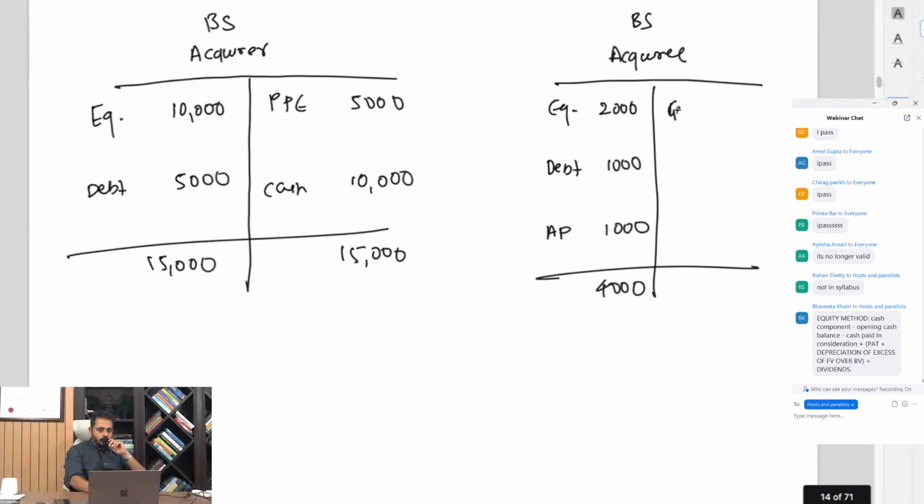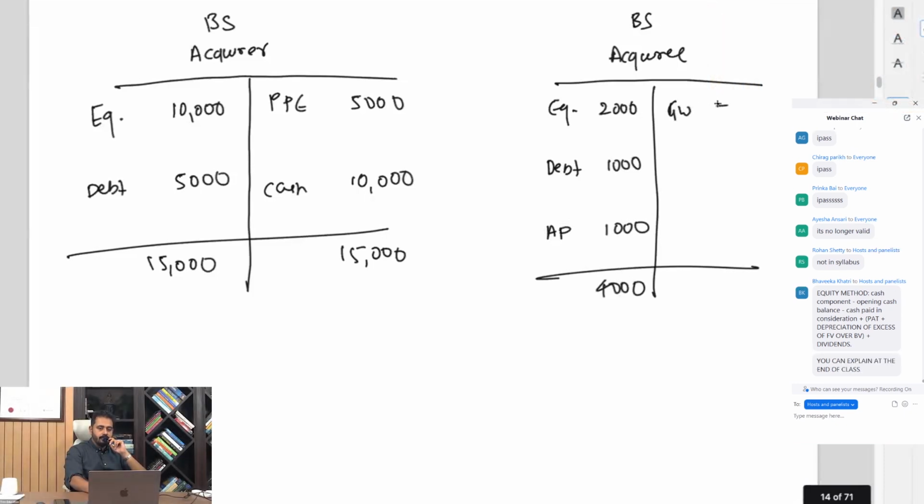Let's have a goodwill here of 500. Let us have PPE of 1,000. Let us have accounts receivable of another 1,000. And then the remainder amount I'll throw in cash, 1,500. So this is 4,000.